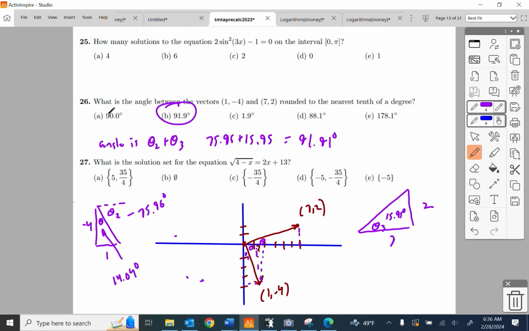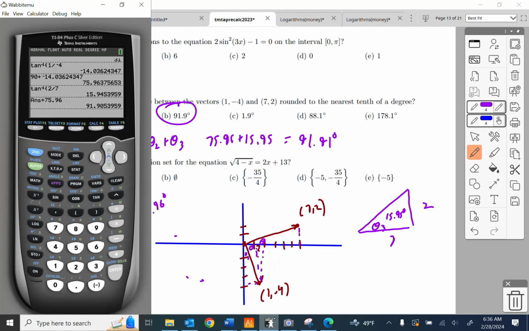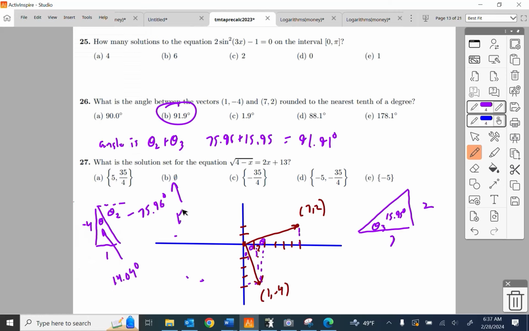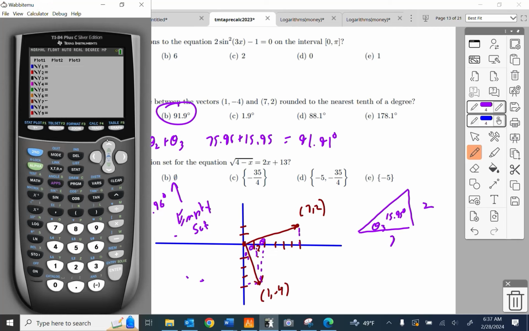All right, 27, we have: what is the solution set for the equation? 27 is a straight up TI-84 problem. This means empty set, by the way. There's nothing in it. What do we have here? We have root 4 minus x and we have 2x plus 13.